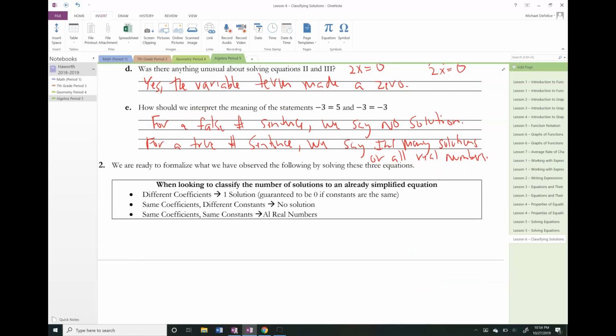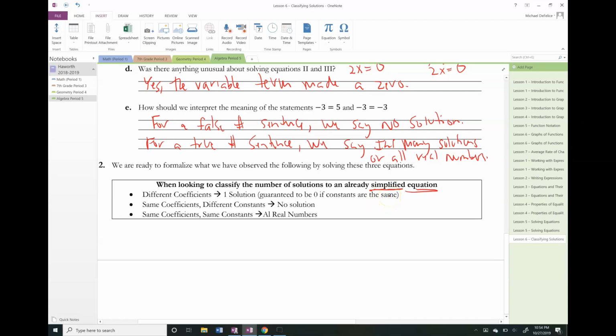When classifying the number of solutions to an already simplified equation, each equation we looked at had expressions that were already simplified, so sometimes you might have to do that first. If the coefficients are different, you're automatically guaranteed one solution, and it's going to be 0 if the constants are the same.